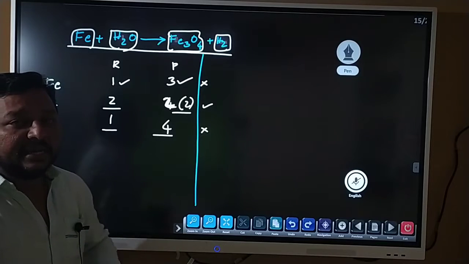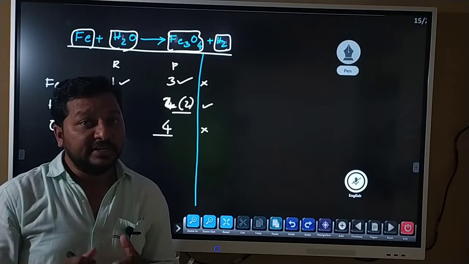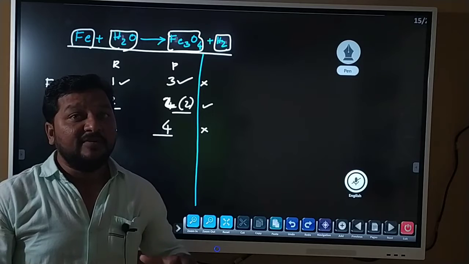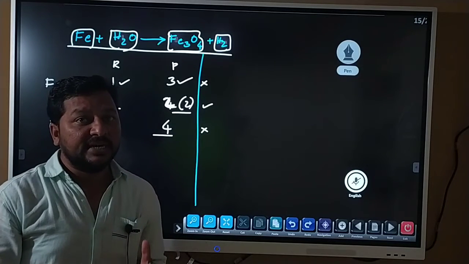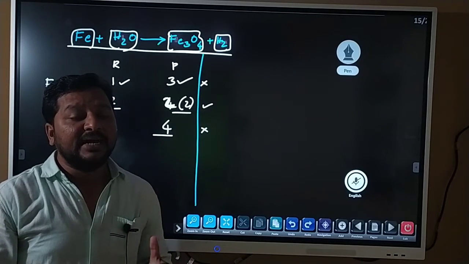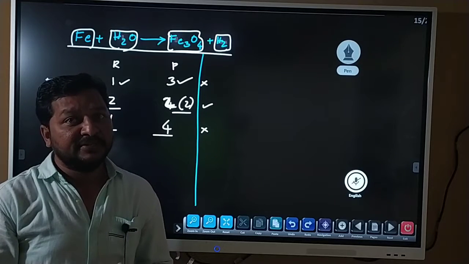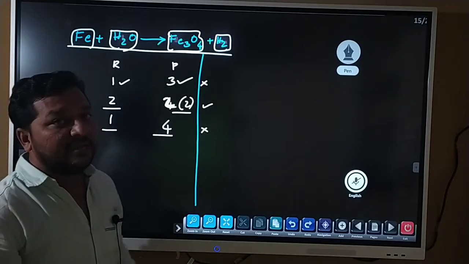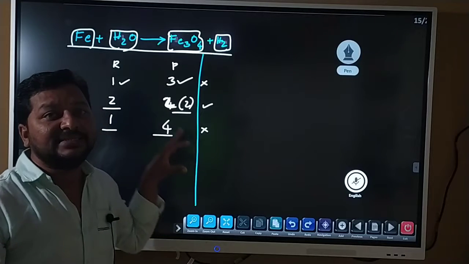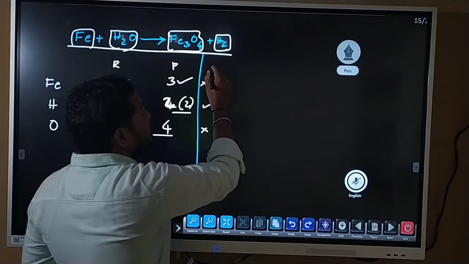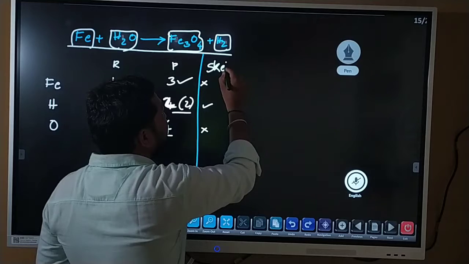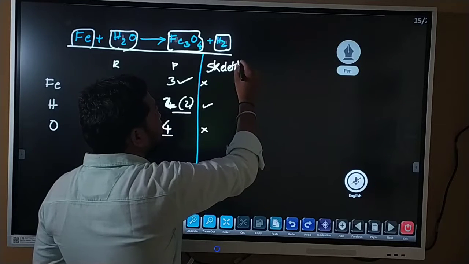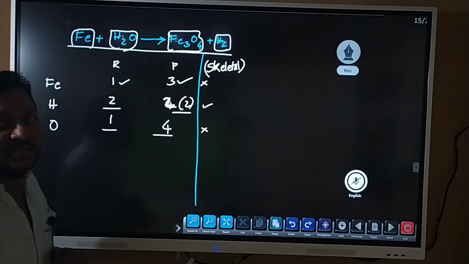In a chemical reaction, if all the atoms have equal numbers on both the reactant and the product side, then only can we say it is a balanced chemical equation. But here there are atoms which are not balanced. That's why this chemical reaction is called a skeletal chemical equation.